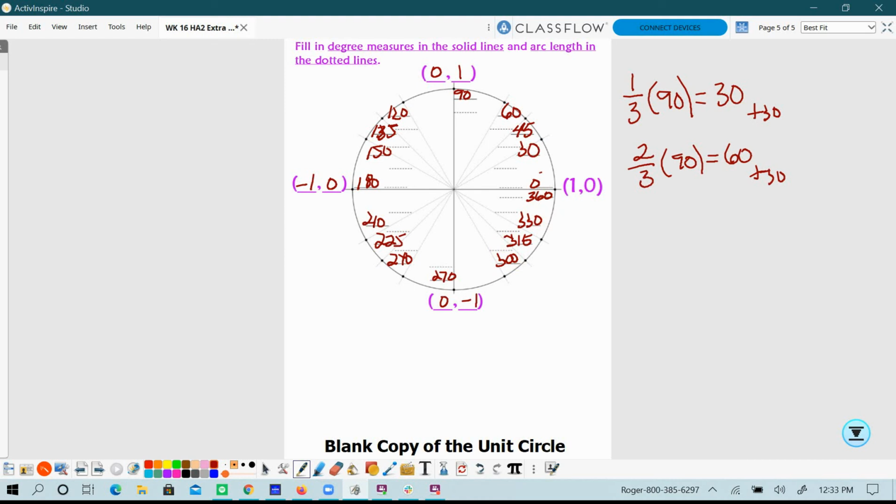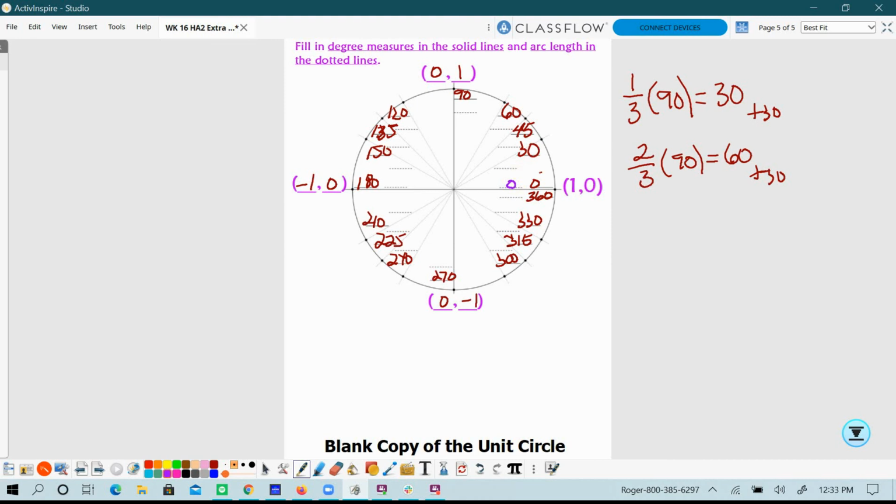Now you want to go in and start listing your radian measures. Here's how the radian measures work out. I'm going to do the exact same thing for the radian measures as I did for the degrees. Before I go there, I should probably do this first.